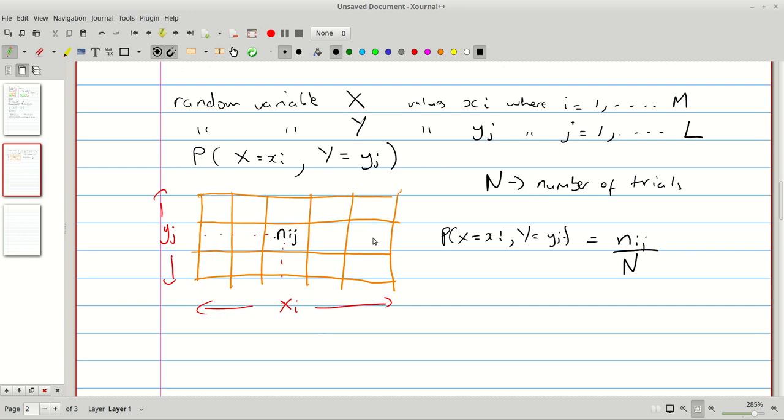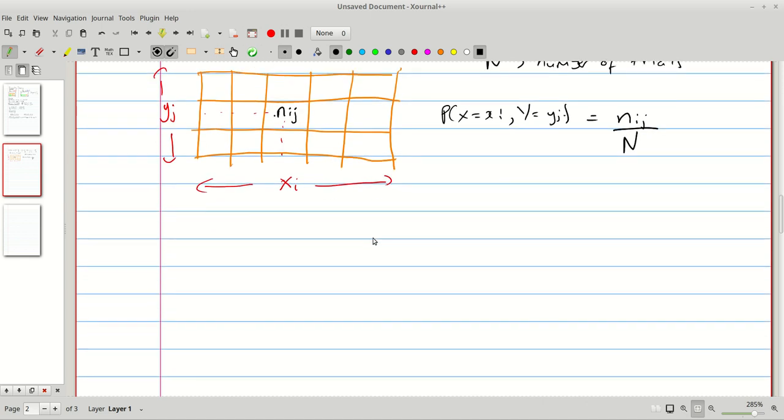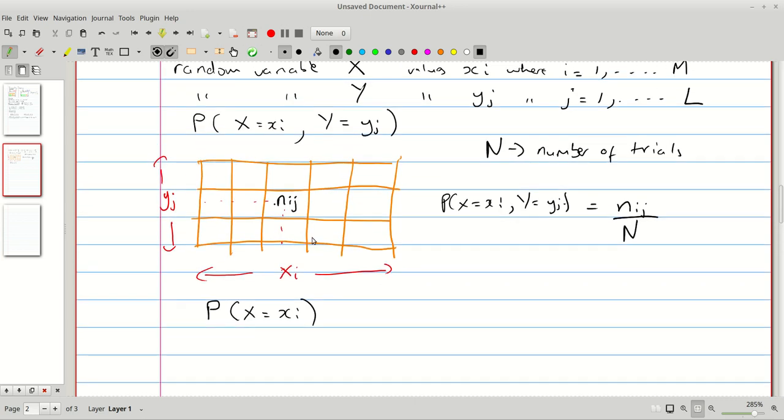Someone then asks, the next question I have for you is, what is the probability that x is equal to xi? What's the probability that this random variable takes this value xi?